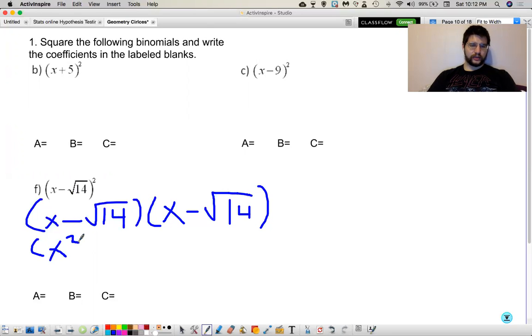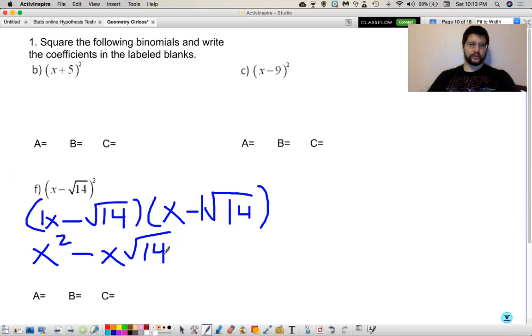It's going to be x squared. I can drop that parentheses sign. X times x is x squared. X times negative square root of 14 is negative x square root of 14. We multiply the outside numbers, 1x times negative 1. And then the inside of the square root. There's no square root here, so it's basically square root of 1 times 14.